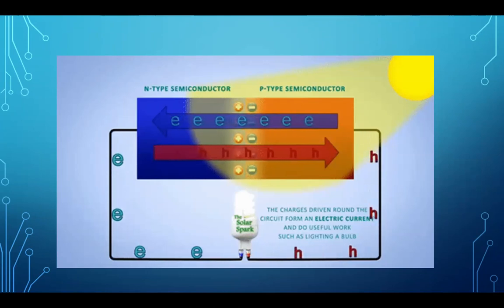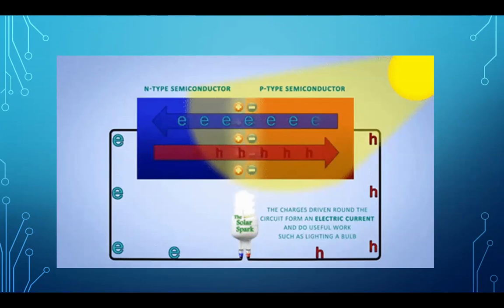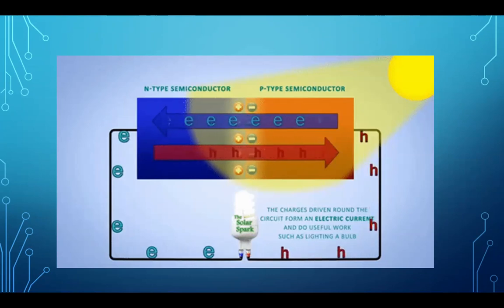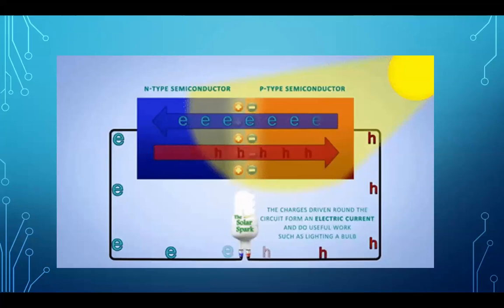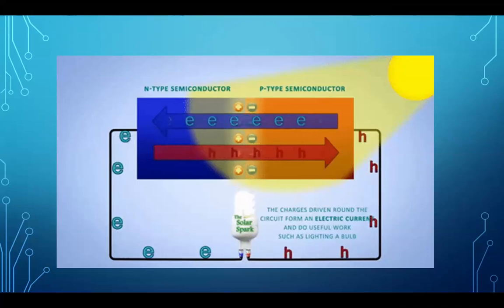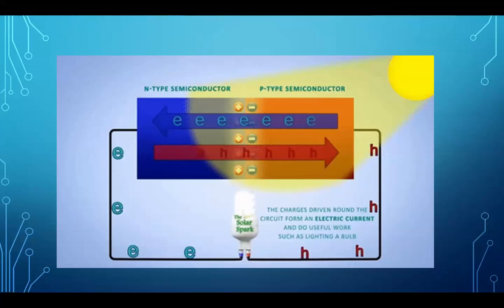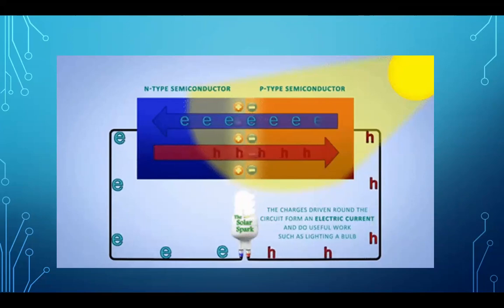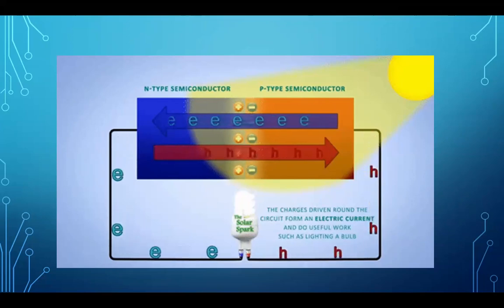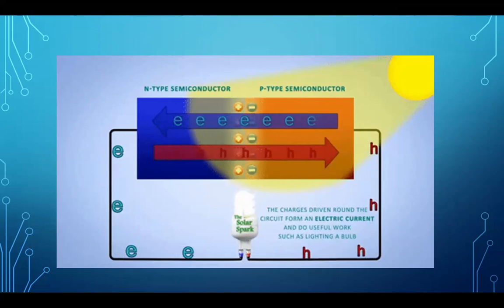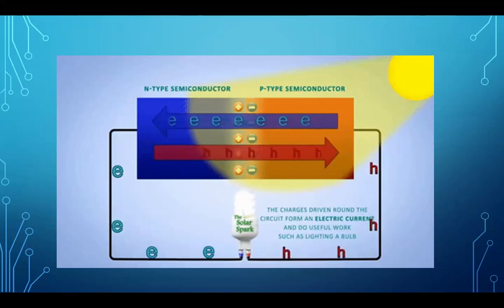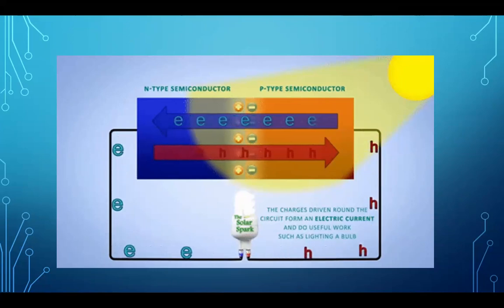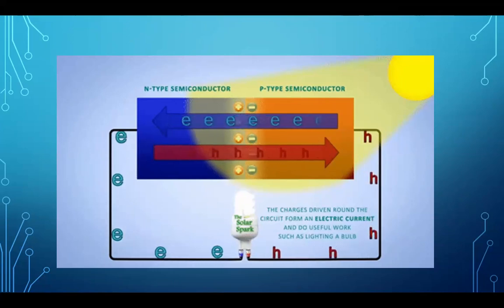So in this case, I will have an opposite current. I have one current, and then I have the opposite one because of the light. At some point, there will be an equilibrium between these two currents, and then I will have the maximum voltage that I can get from my solar cell, which we call the open circuit voltage.